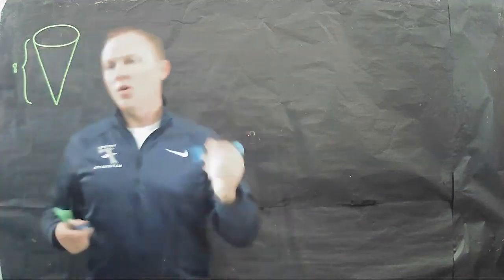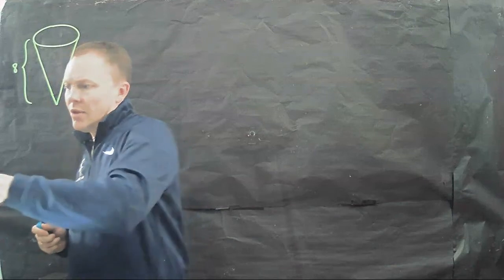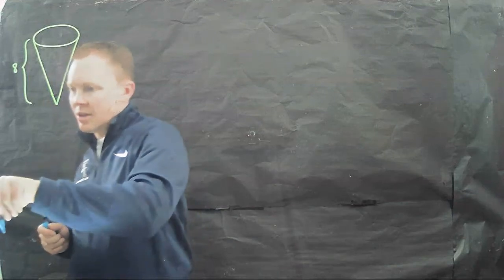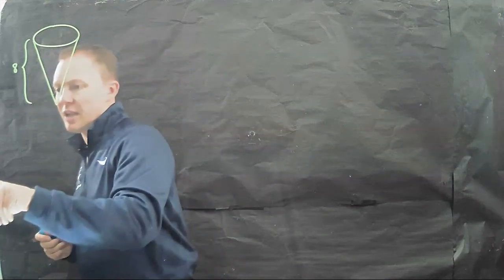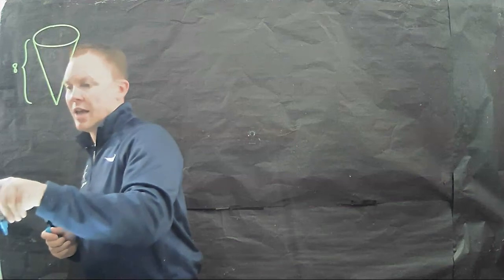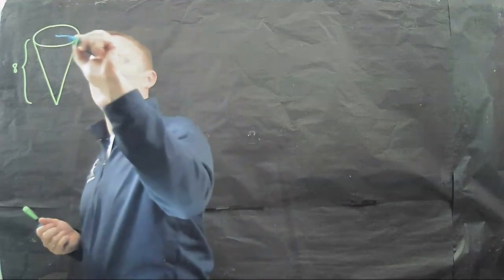And so it says here that the water is coming into the cone at a rate of 4 cubic feet per minute. And the container is in the shape of a cone with a base diameter of 6 and a depth of 8. So the total height of this cone is 8. The base diameter is 6, which means that the base radius is 3.